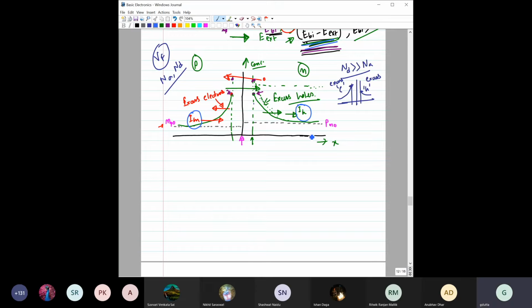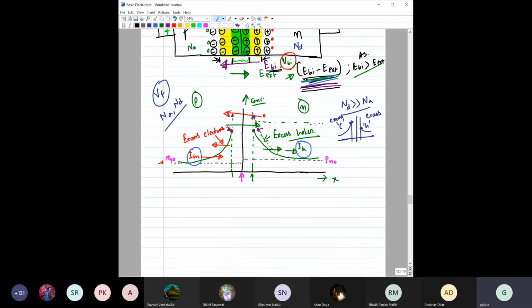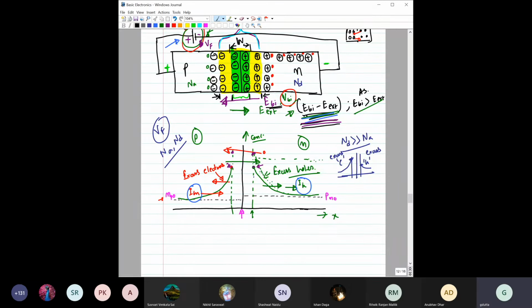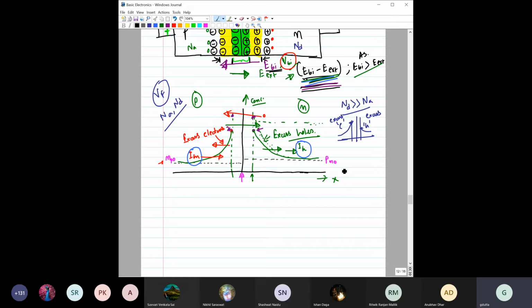Fine. Okay, so if you have understood at least the basics of how current flows in a PN junction in forward bias, then it can be further shown that the resultant diode current ID flowing in forward bias, and obviously this equation is also valid in reverse bias, is IES times exponential of VD by eta Vt minus 1.